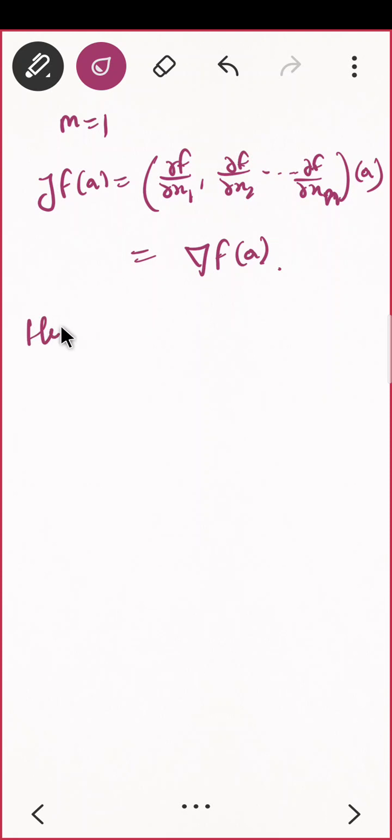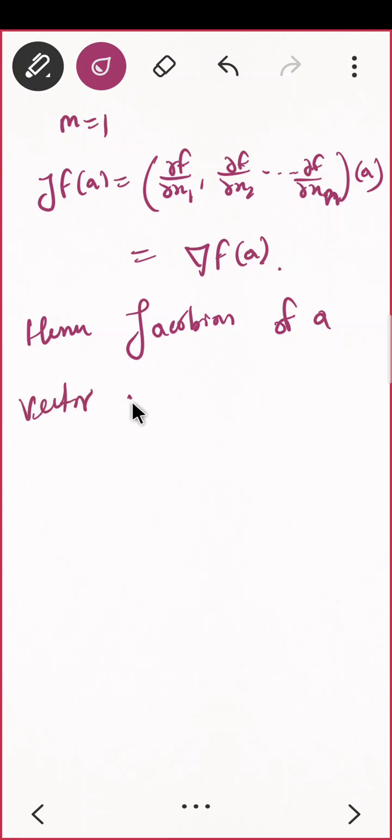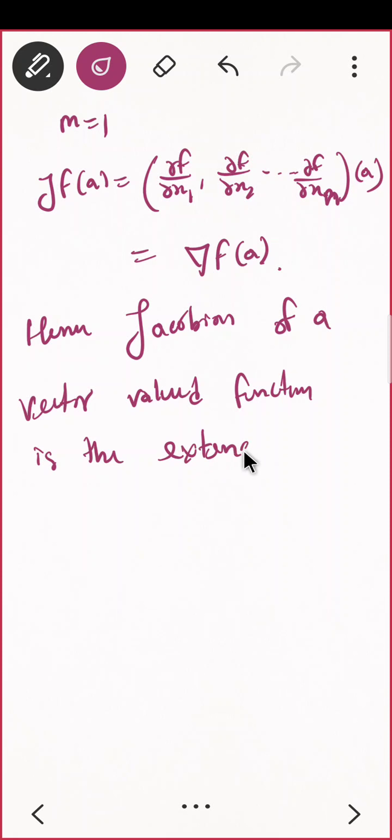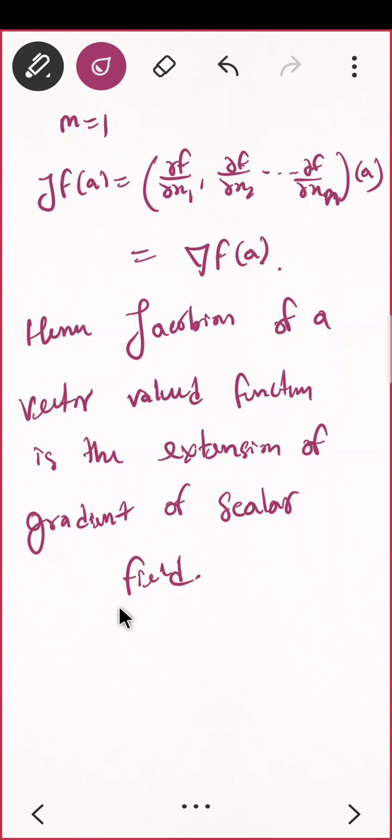Hence, what can you say? Hence, the Jacobian of a vector valued function is the extension of gradient. Correct. So whatever the gradient was, we extended it over m variables, so that is your Jacobian. Now that is okay, alright.